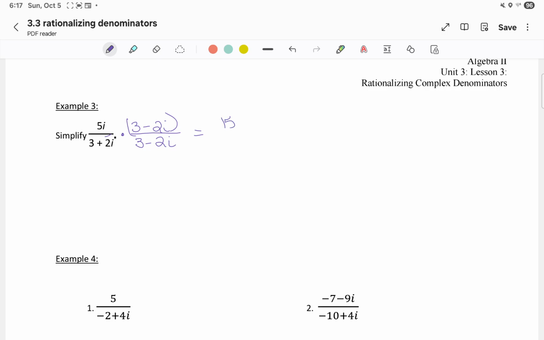That is going to give us 15i minus 10i squared. And that will be over 3 times 3, which is 9. And then our outsides, which is minus 6i, our insides, which is plus 6i. So those two will cancel. And then 2i times negative 2i, which gives us a negative 4i squared.